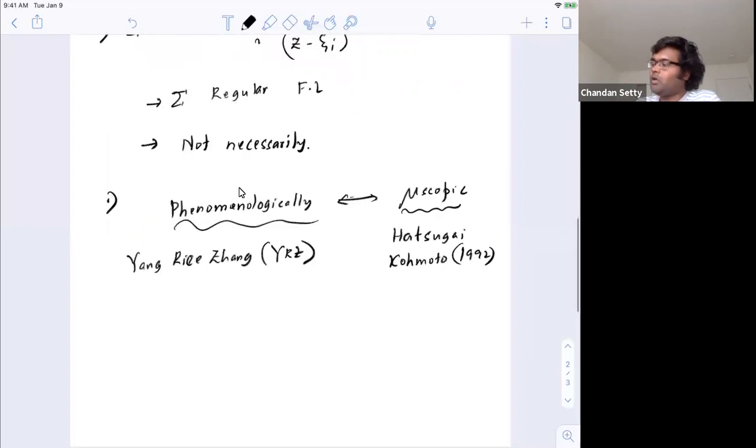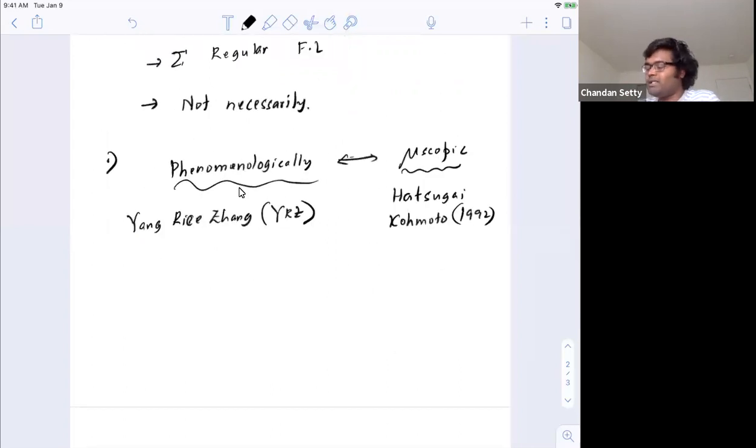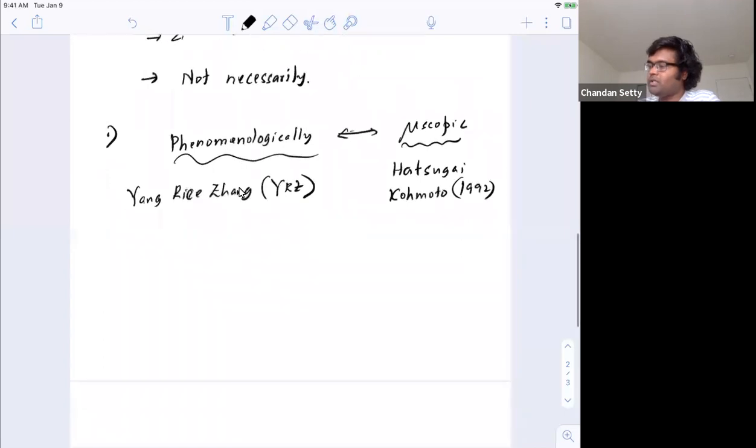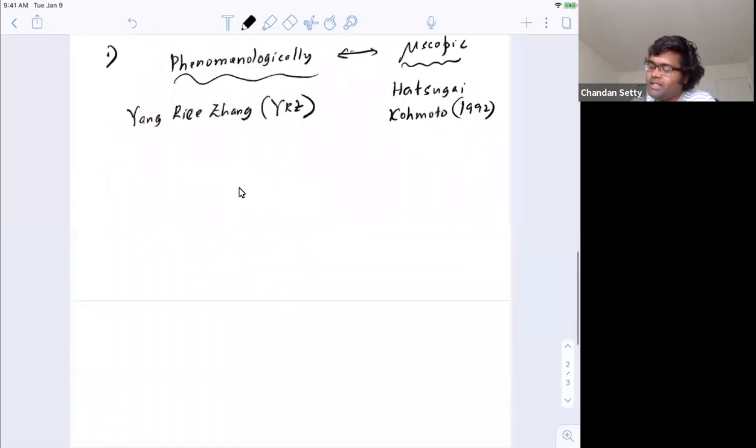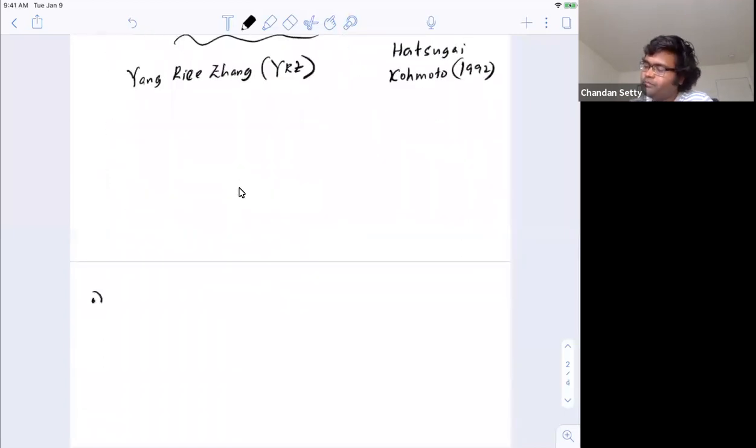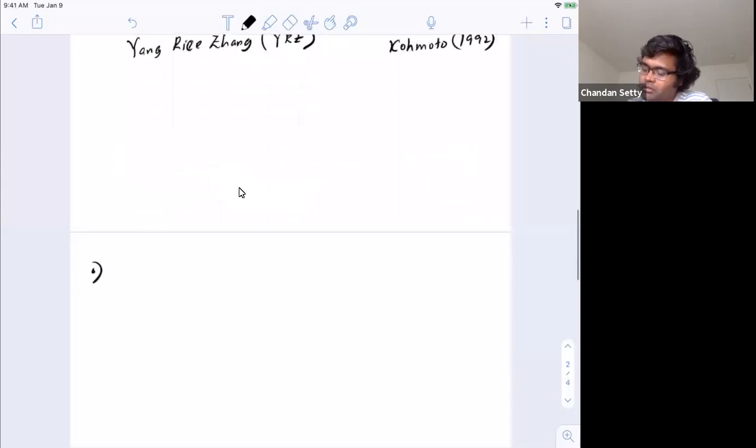Okay, so what is the YRZ model which I'll be using? The simplest version of this is that you have a Green's function where sigma has a simple pole.